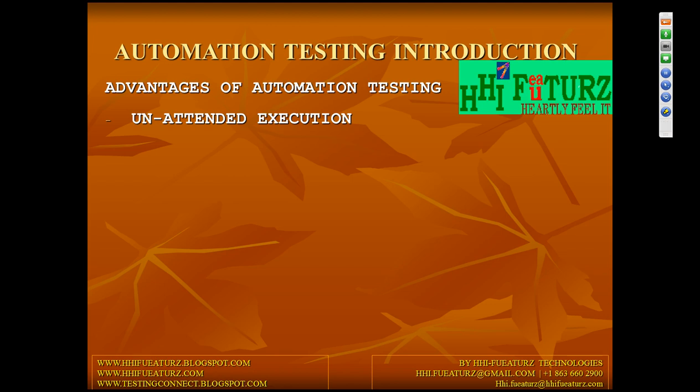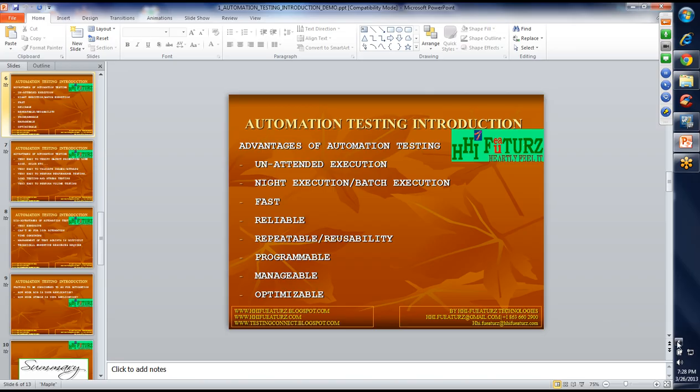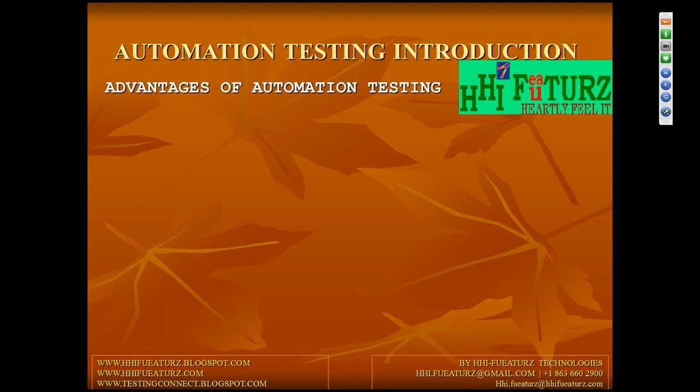Then what is unattended execution? If you are really following a good framework, you don't want to touch anything manually. So the first advantage of automation testing is unattended execution.